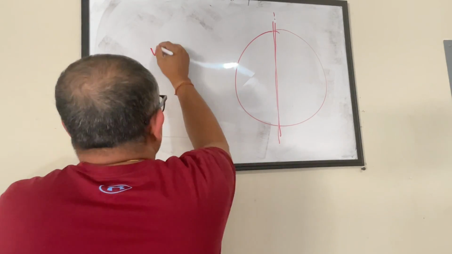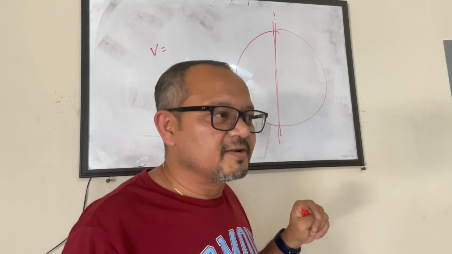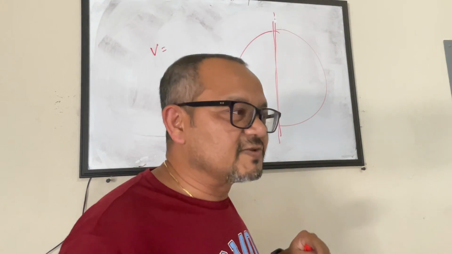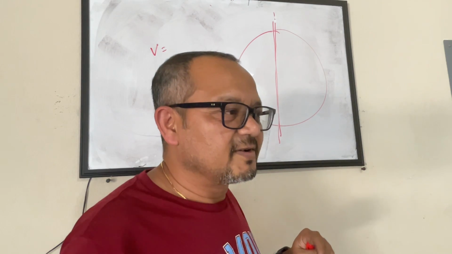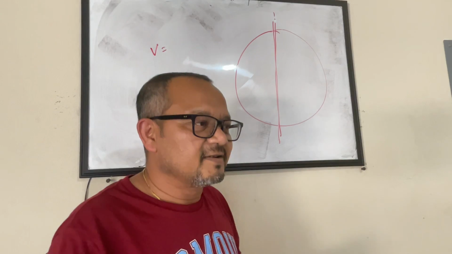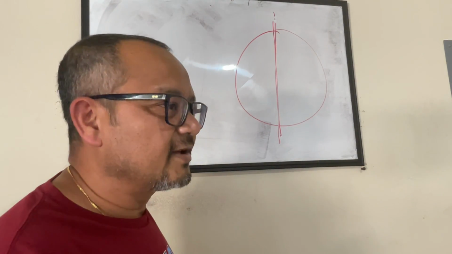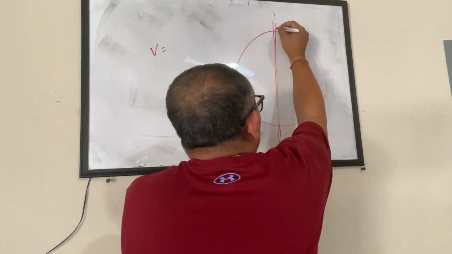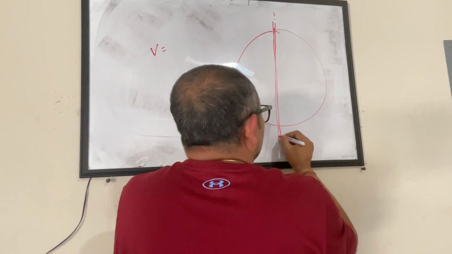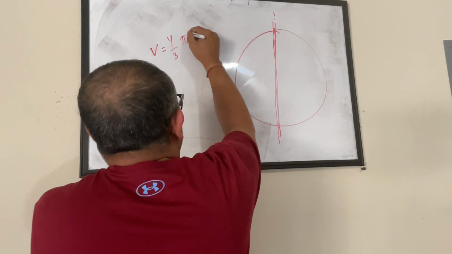What is the volume of a sphere? Anybody remembers? It is actually 4/3 pi r cube.